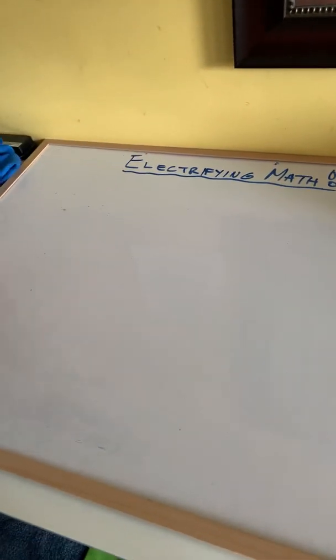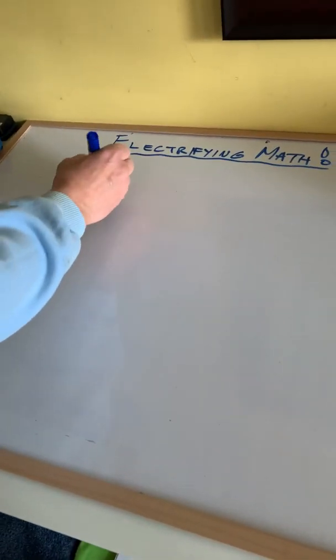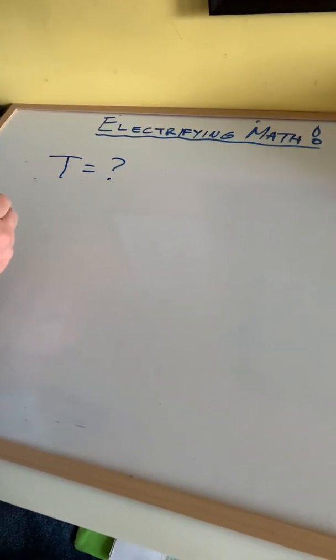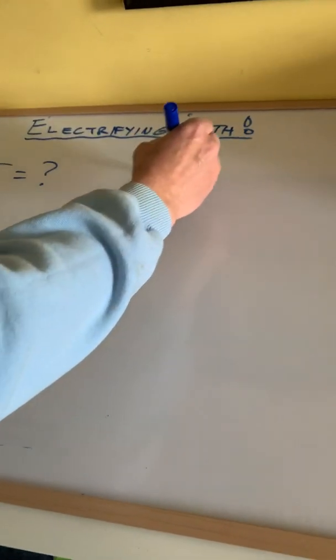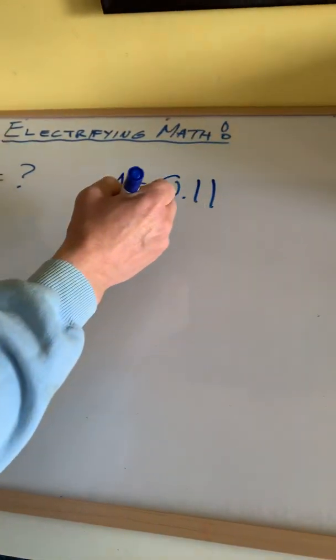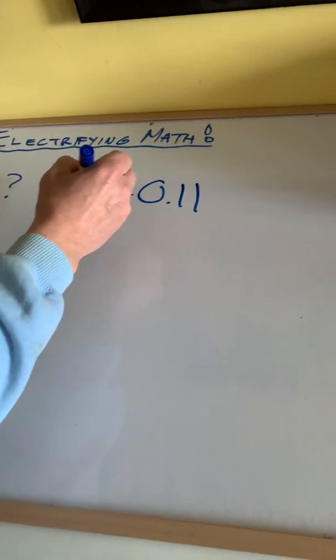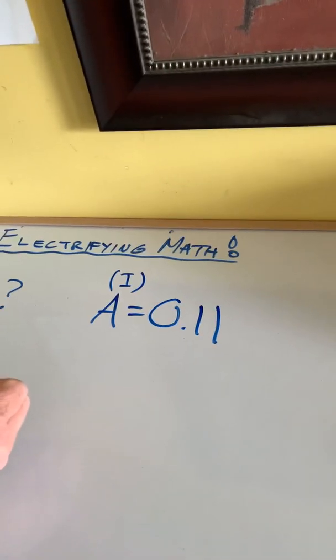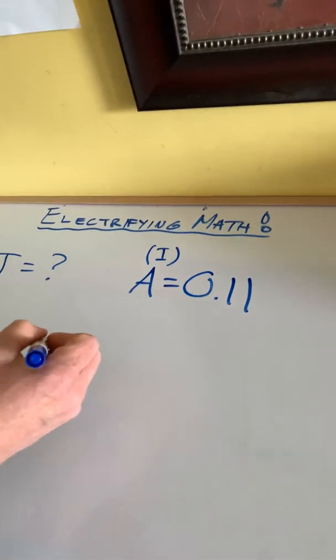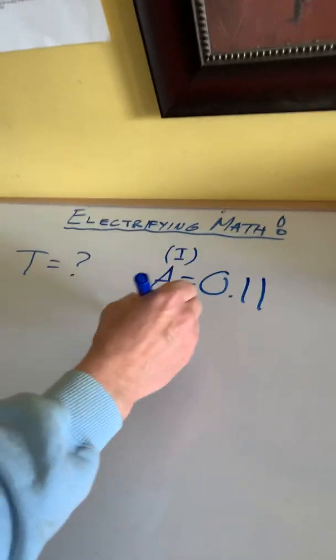Number 3, how long? So a time question. How long can a flashlight run if it draws 0.11 amps? The current for amps is I, I don't want to confuse you guys. And the battery contains 10 coulombs of charge.